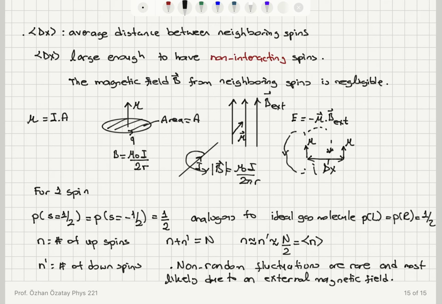There is no preference, the probabilities are the same. So for capital N spins, the time averaged value of the number of up spins will be equal to the number of down spins, which is capital N over 2. If you want to observe a non-random configuration, you should apply an external magnetic field to align the spins, to align the moments with the magnetic field. Otherwise, those non-random fluctuations are quite rare.